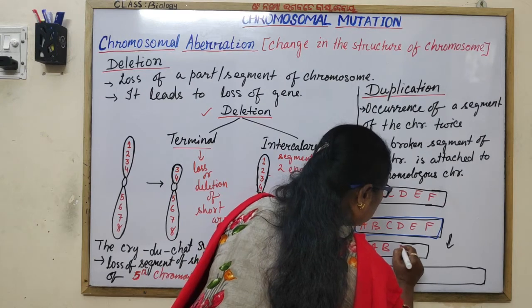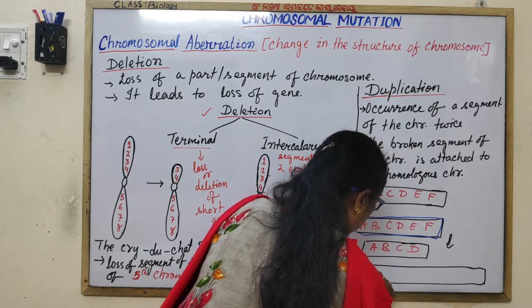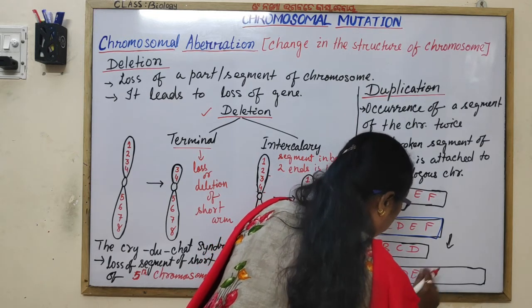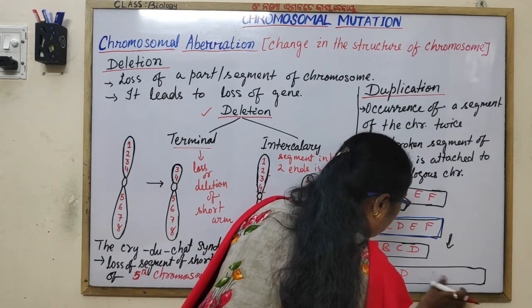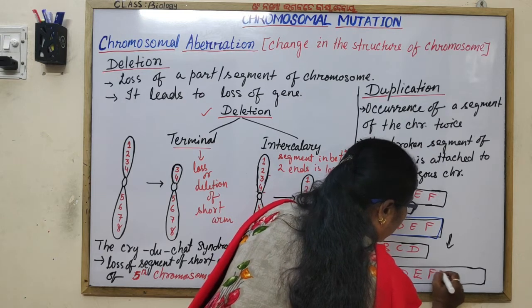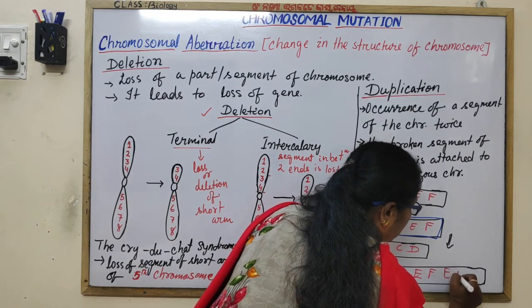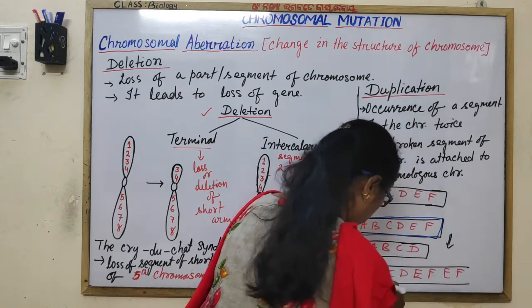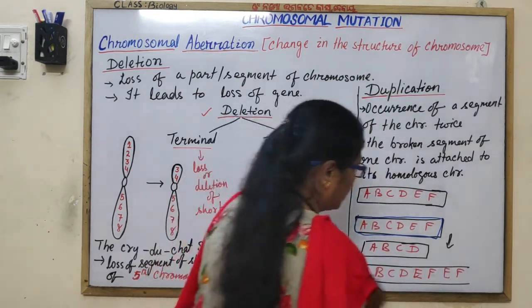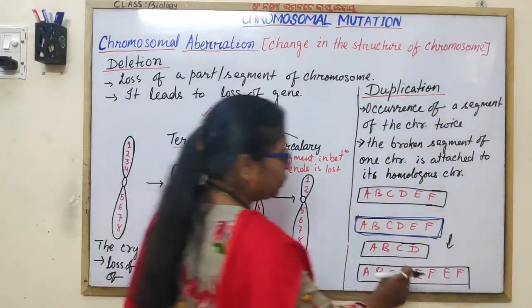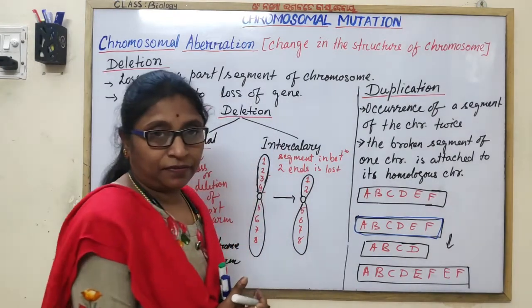A, B, C, D, E, F is there. A, B, C, D, E, F already it is there. Again the E, F is repeated. So this is the duplication of this E, F.